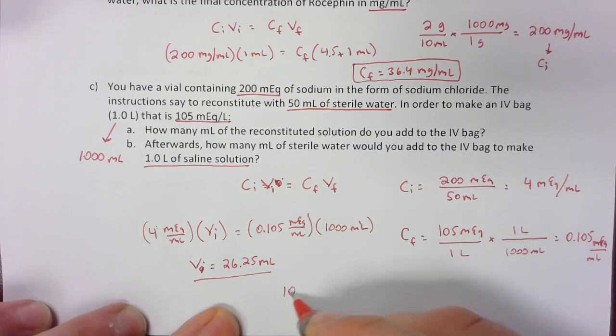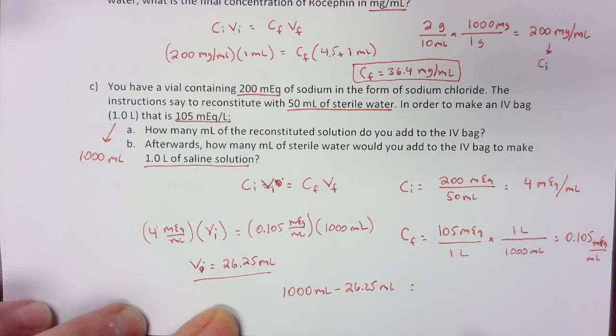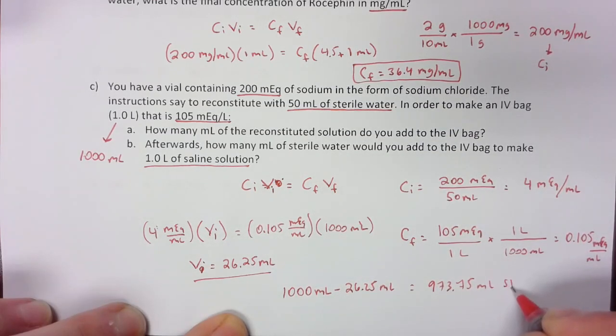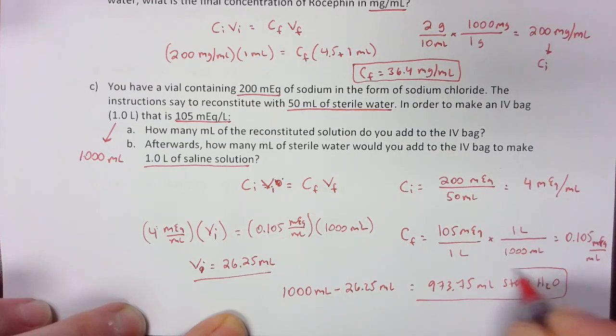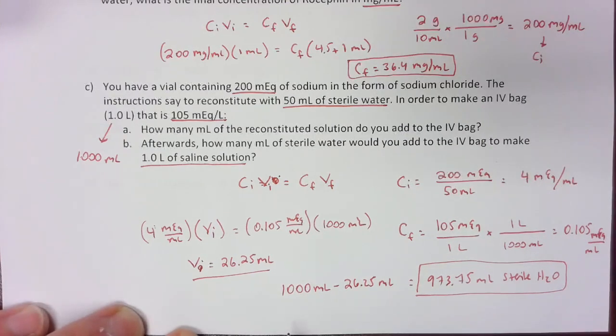So I just simply take 1,000 milliliters and subtract 26.25 milliliters from it, and I get 973.75 milliliters of that sterile water that I need to add. Okay, this plus this 26.25 will equal the 1,000.